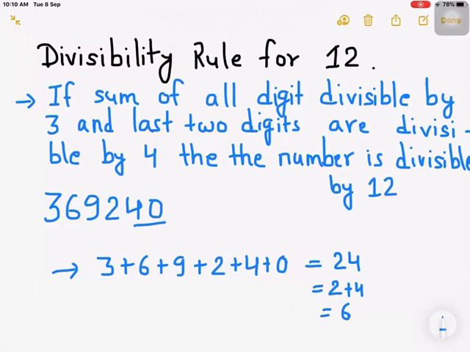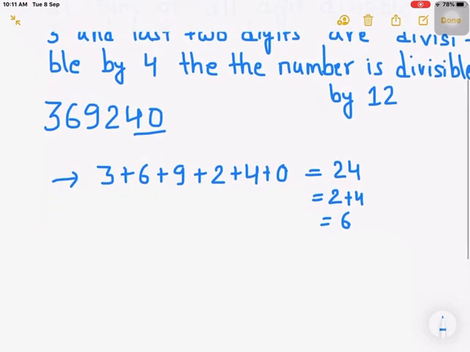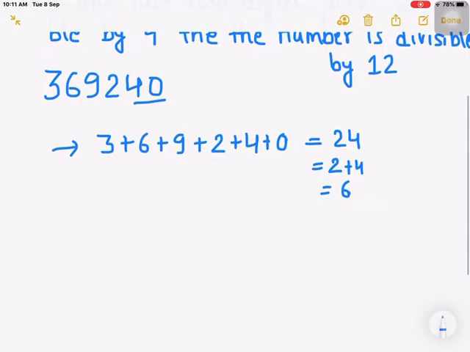It meets the first condition, isn't it? Now what is the second condition? The last two digits must be divisible by 4. So here the first condition is met. 6 is divisible by 3.